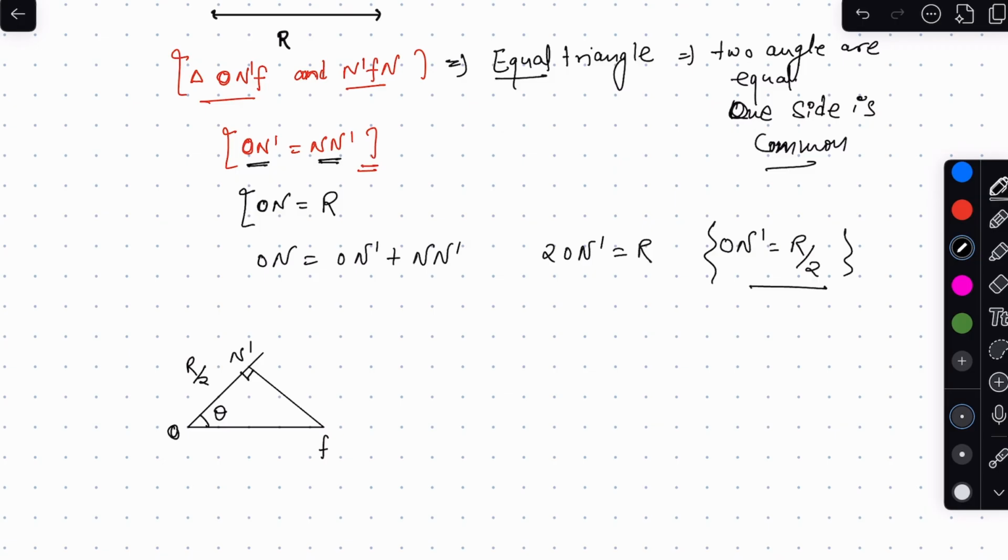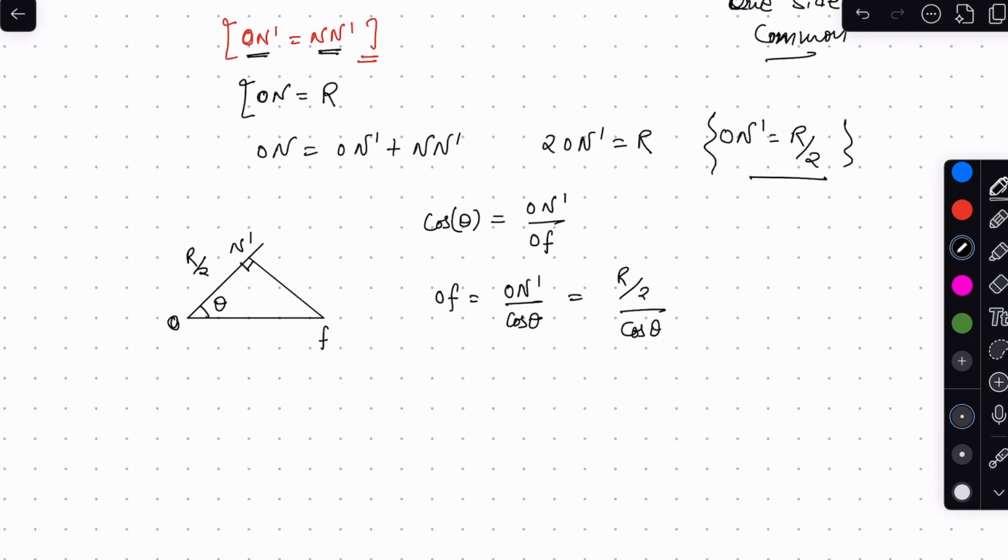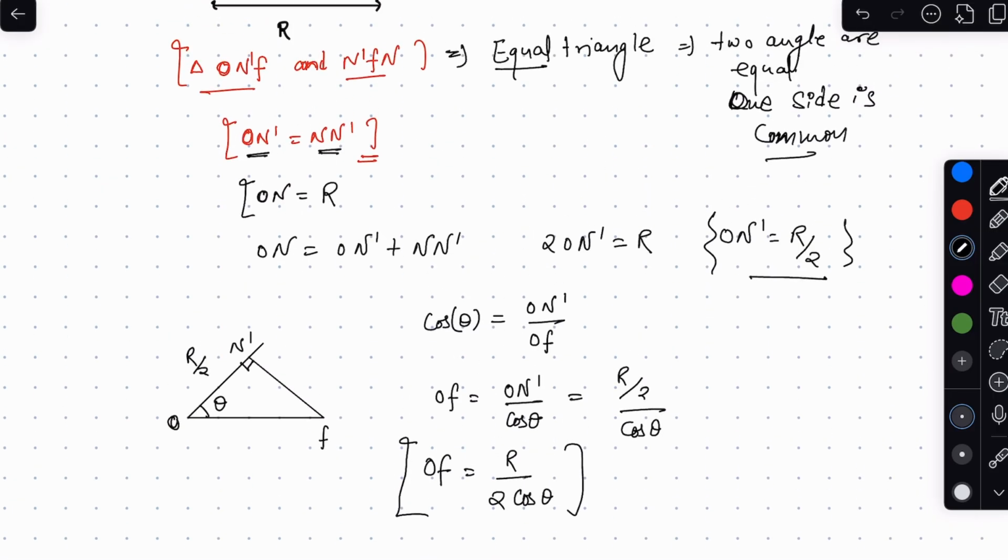Then cos theta is adjacent, which is O n dash divided by OF. So OF is O n dash divided by cos theta, and O n dash is R by 2, so OF is equal to R by 2 cos theta, right? So this is the OF value.